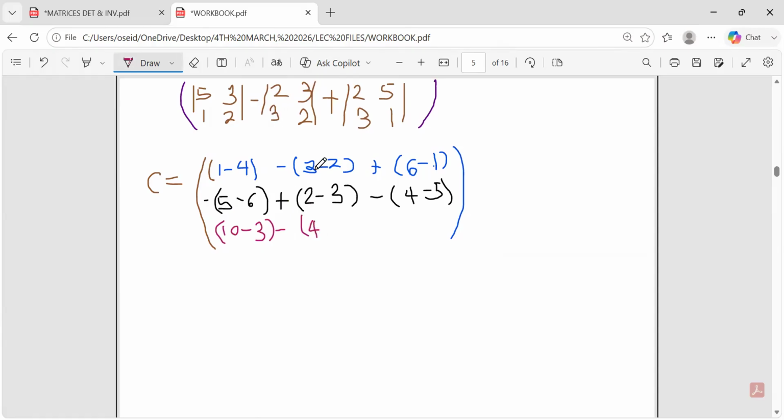Then 3 times 3, 3 times 3 is 9. Then plus 2 times 1 is 2. Minus 15, 3 times 5, 15.